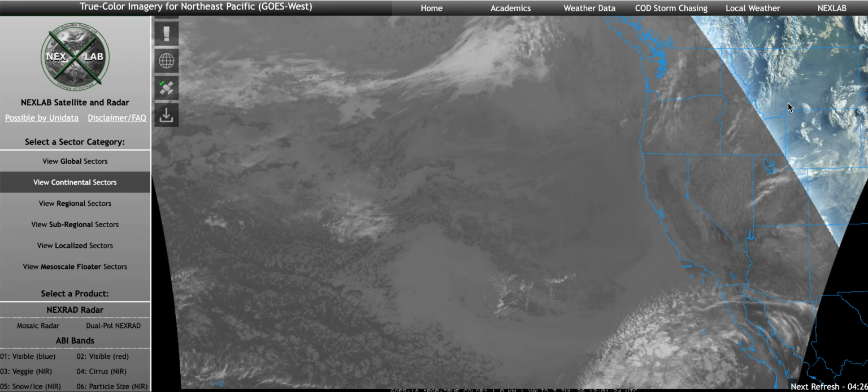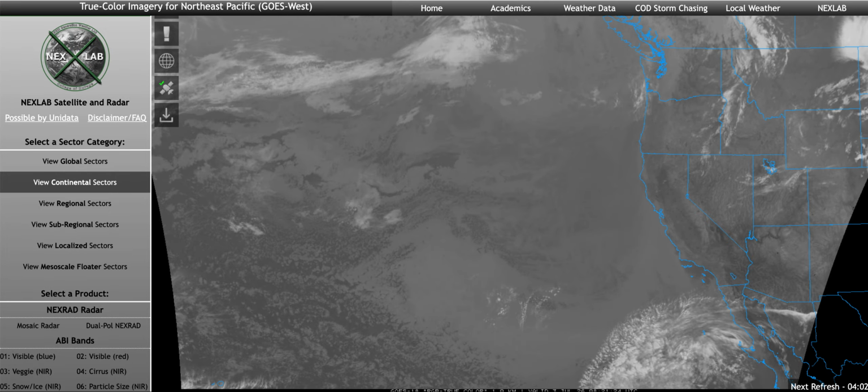When you have moisture and instability, you have cold air aloft, you have the air parcels rising really quickly, and you just need that little kick. The lift is that little kick that the parcels need to get up to condensation level and form the thunderstorm clouds.